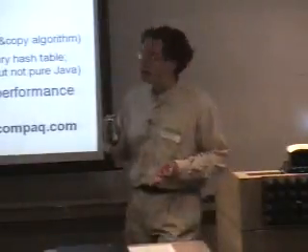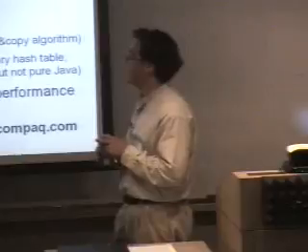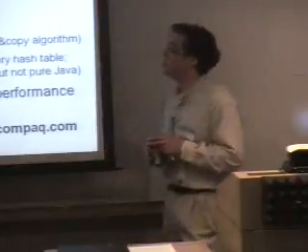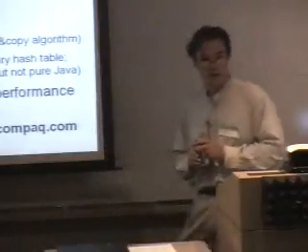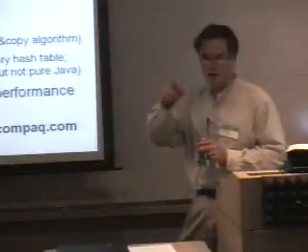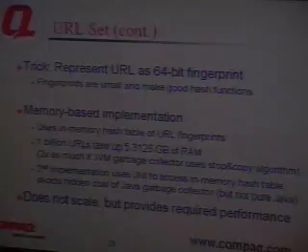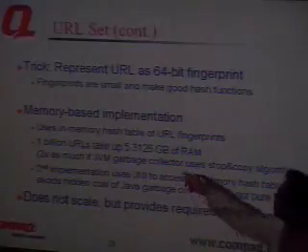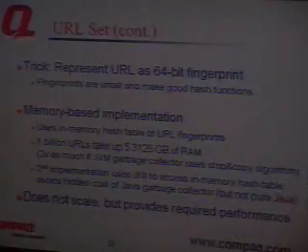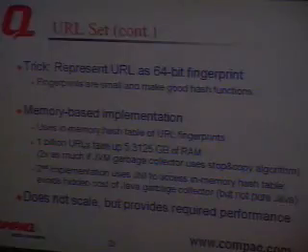If you want a memory-based implementation, then you can use an in-memory hash table of URL fingerprints, and if you do a spine and overflow bucket implementation, then you can use the first couple of bytes of the URL to index into the spine, so you only need to store the remainder of the URL. We were able to get this down to 5.3125 bytes per URL. So 1 billion URLs would fit into 5.3 gigabytes of RAM.